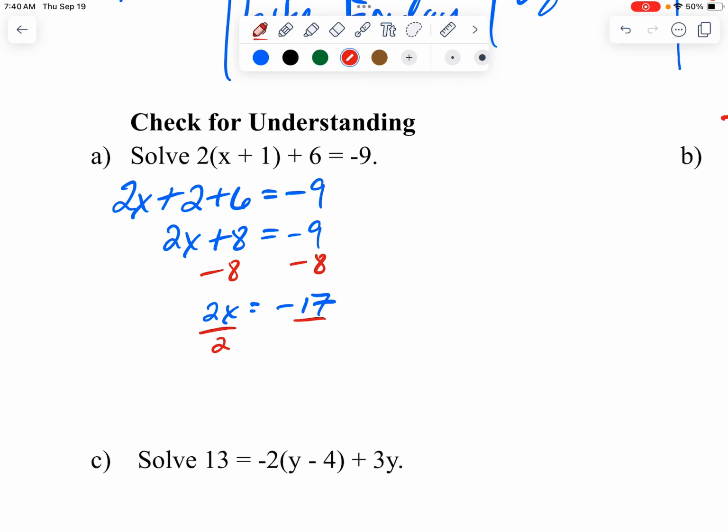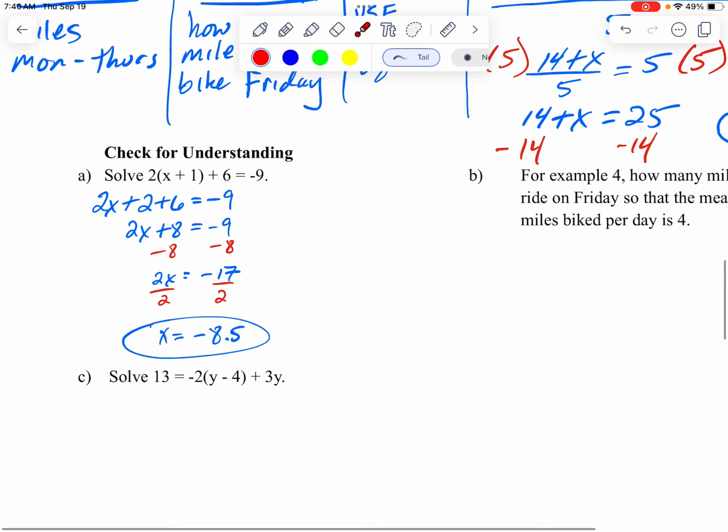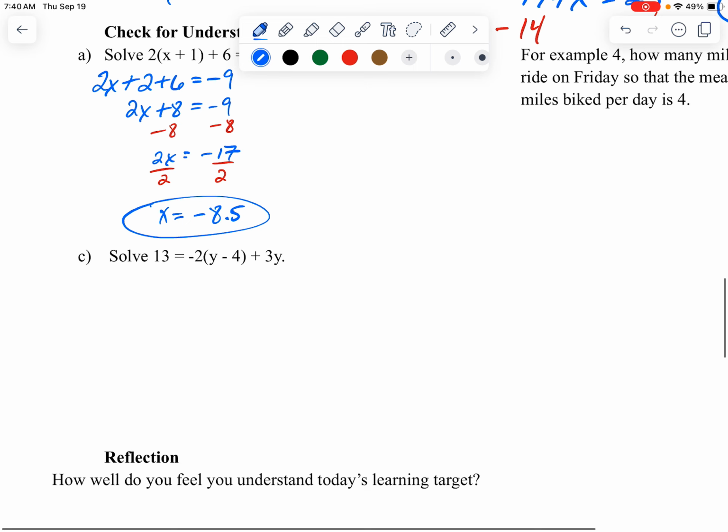Dividing both sides by 2, you should find that x equals negative 8.5. And again, to check your work, just take that negative 8.5, substitute it back into our equation. You could even just go here because we've just been simplifying up to that point. And as long as it's equal, then you are correct.